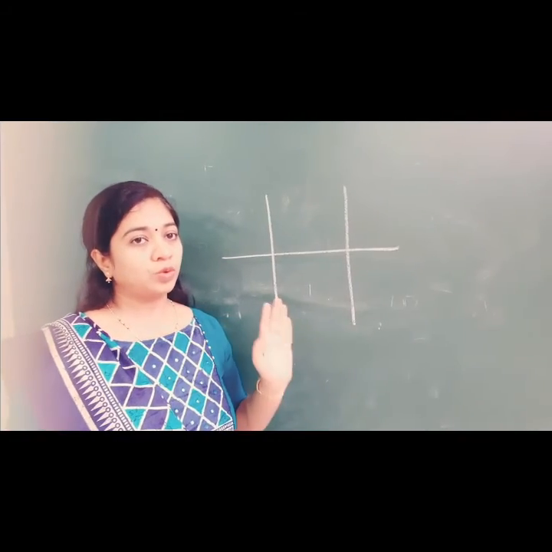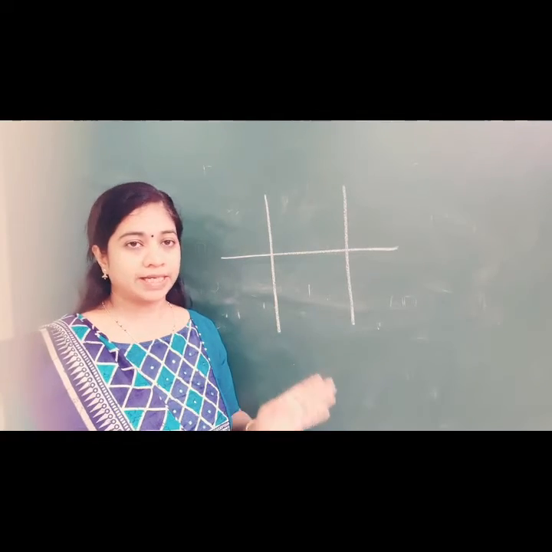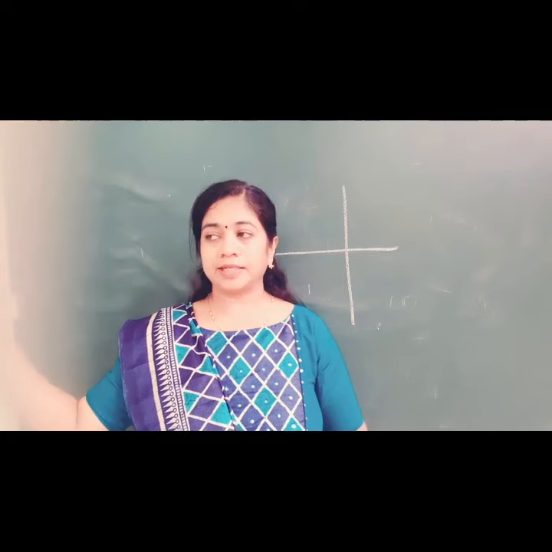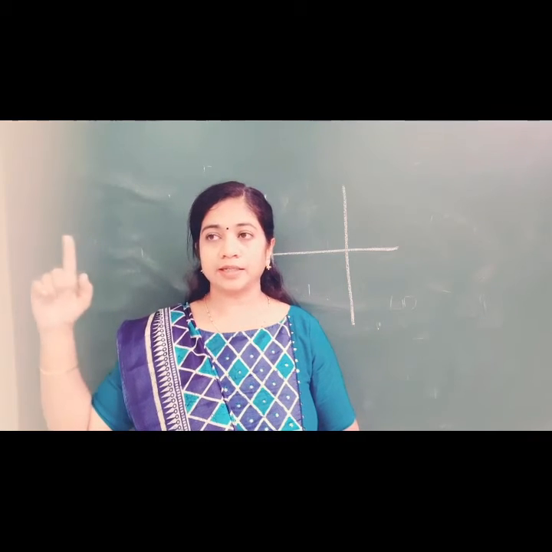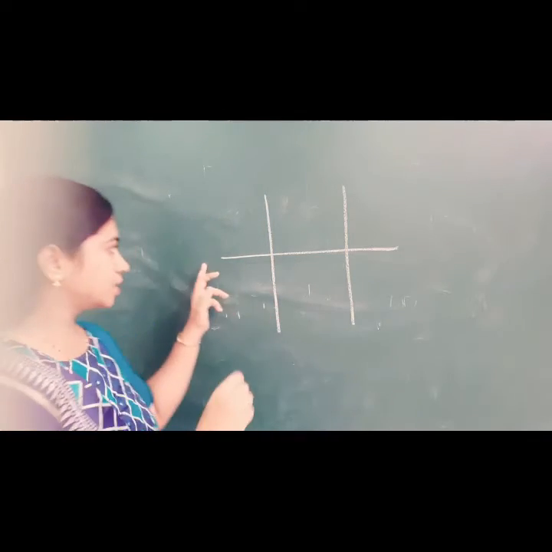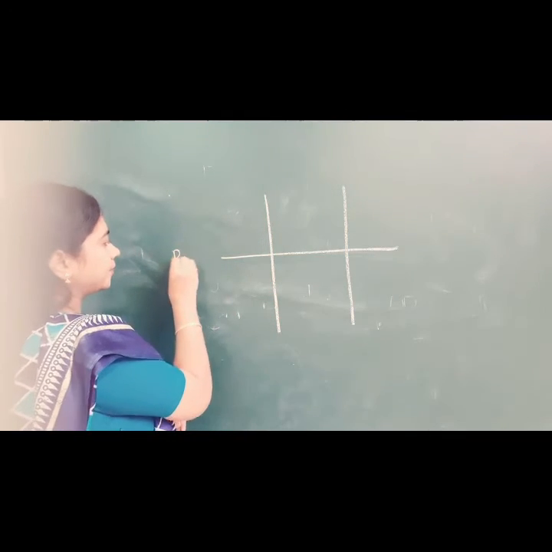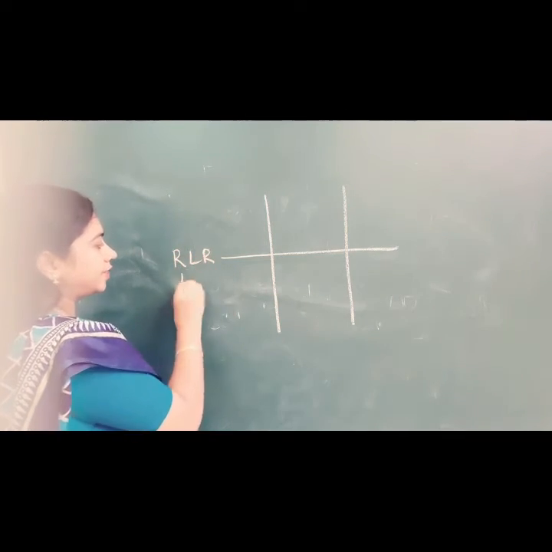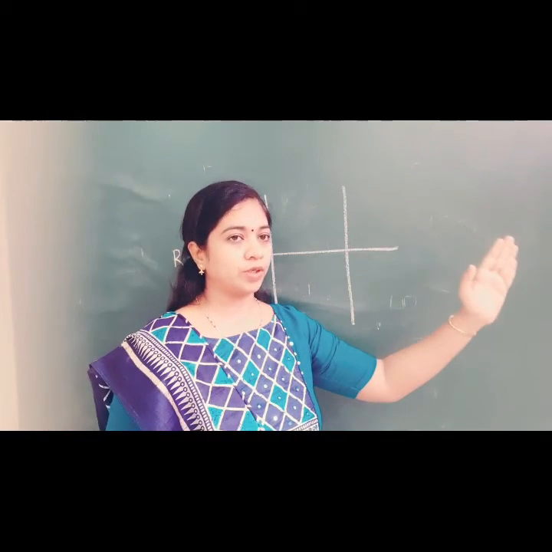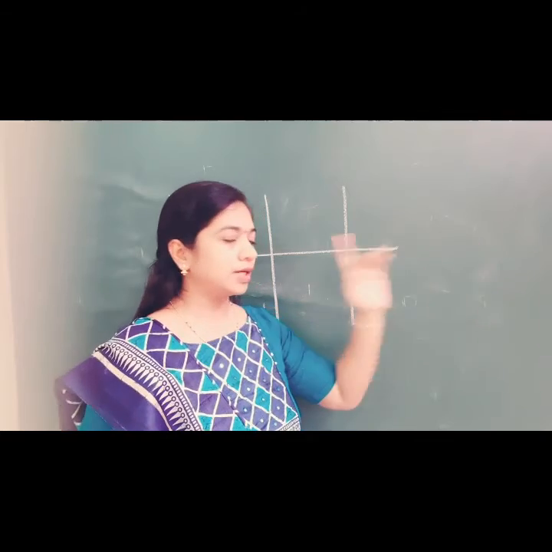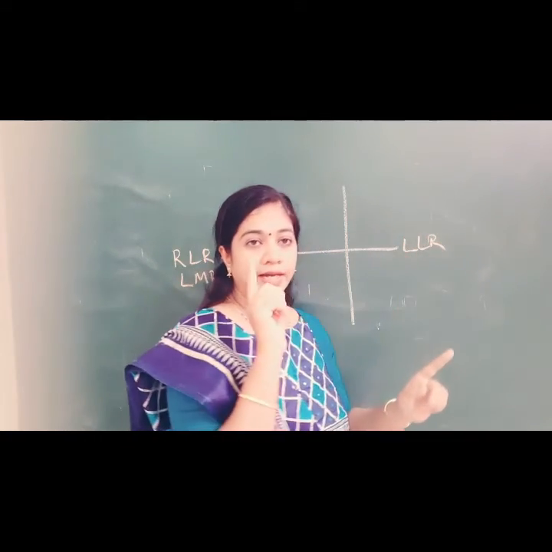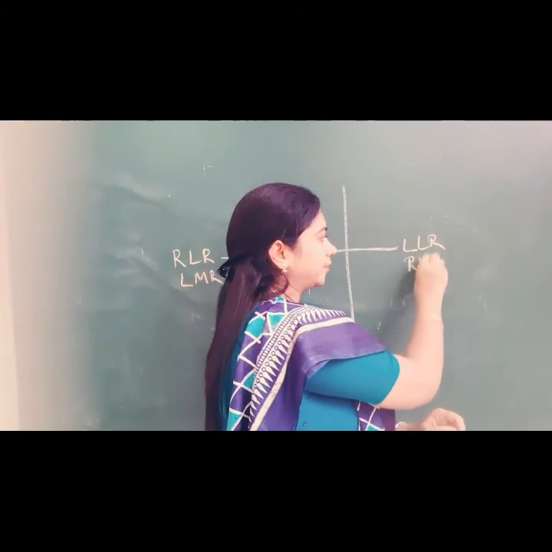Now see how to note these ocular movements on the case sheet. If I am looking towards my right, that is dextroversion, my right eye lateral rectus is contracting and left eye medial rectus is contracting. So write that here: right eye lateral rectus and left eye medial rectus. Similarly, when I am looking towards the left side, levoversion, my left eye lateral rectus is contracting and right eye medial rectus is contracting.